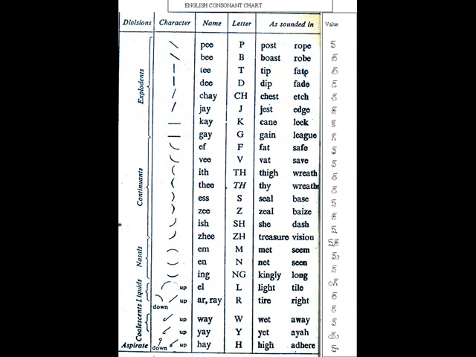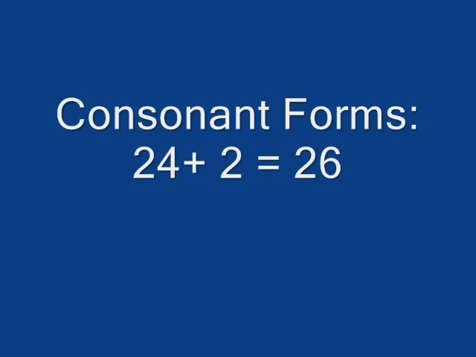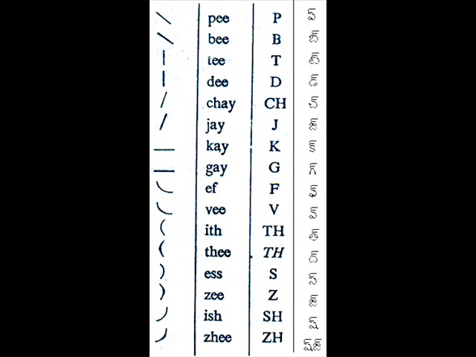Okay. Now, there are 24 consonant sounds. How many strokes? 2 additional. Therefore, 26 strokes. For 24 consonant sounds, there are 26 consonantal forms, because R and He are provided with additional forms. 24 plus 2. Now, read the consonantal forms.